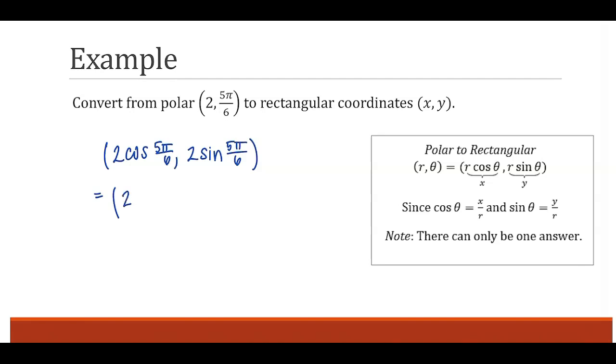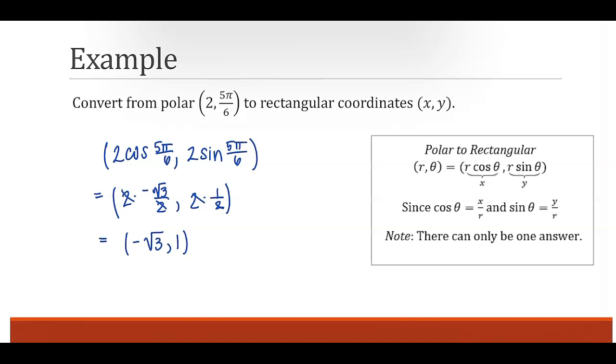I have 2 times cosine of 5 pi over 6, which would be a negative radical 3 over 2. And then I have 2 times sine of 5 pi over 6. That's going to be a positive 1/2. So notice that the 2's in each of them are going to cancel out. So my coordinate point is going to be negative the square root of 3, 1.